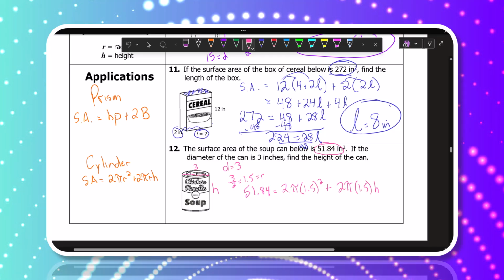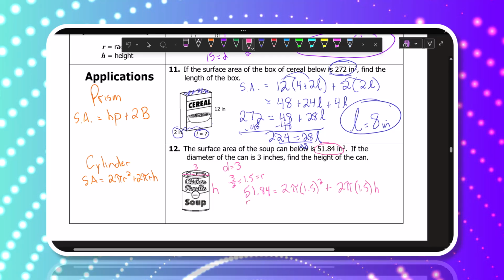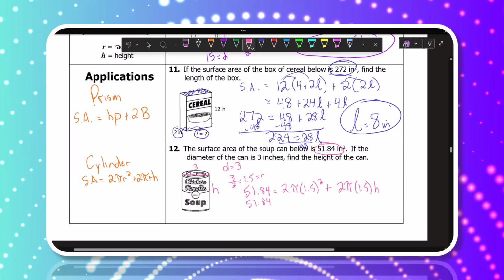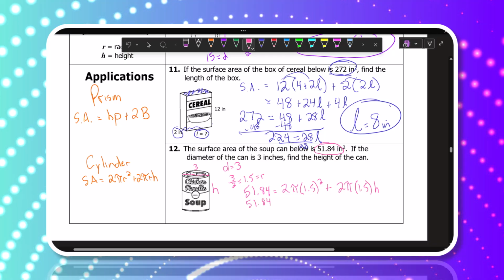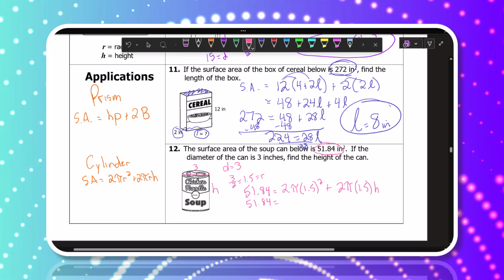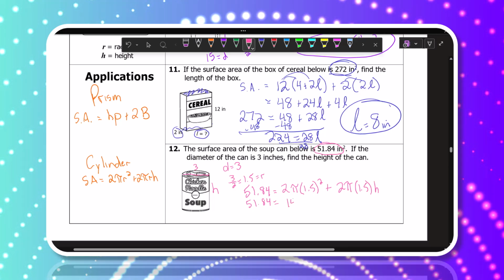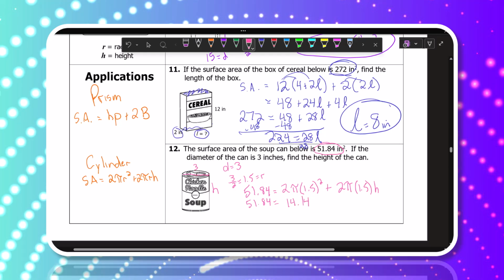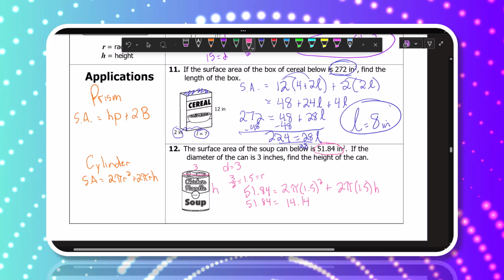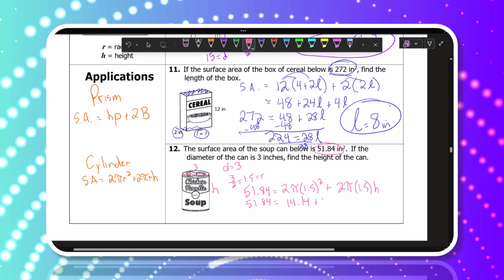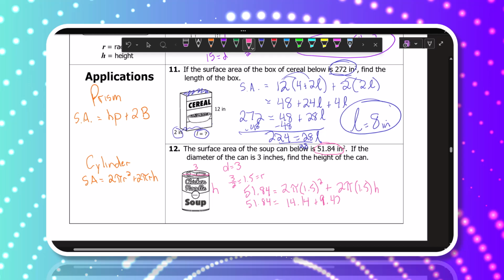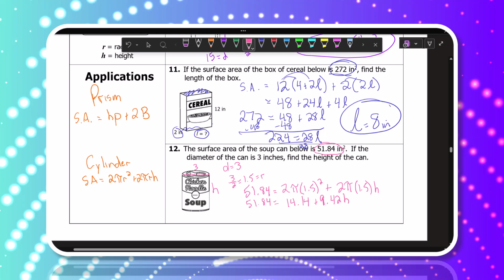We can't go any farther than that. So let's simplify what we can. When we multiply out the 2 pi, 1.5 squared, we get 14.14. 2 times 1.5 times pi is about 9.42 h.